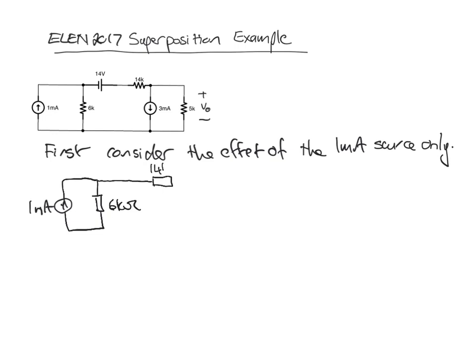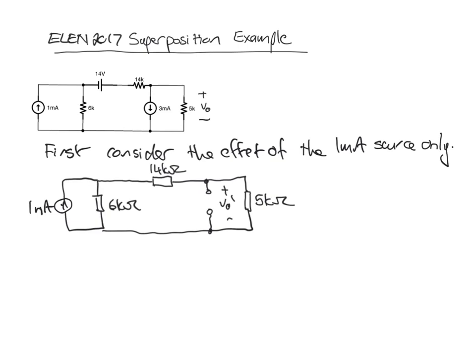This is the 14 kilo ohm resistor, and the 5 kilo ohm resistor. And we're going to call the voltage here VO dashed, because it's not the final voltage, it's just the contribution to that voltage that the 1 milliamp source makes.